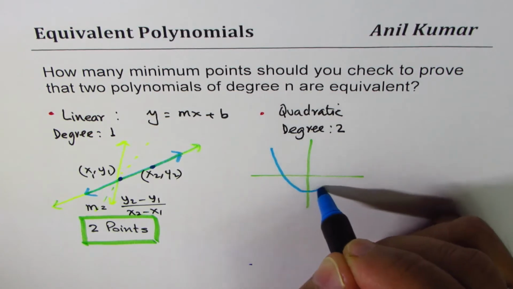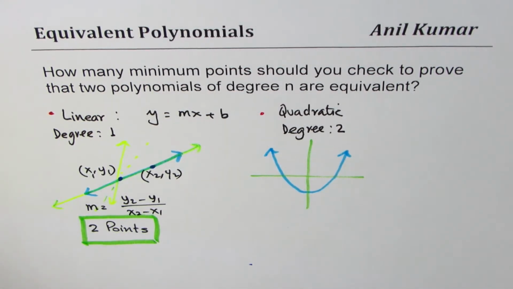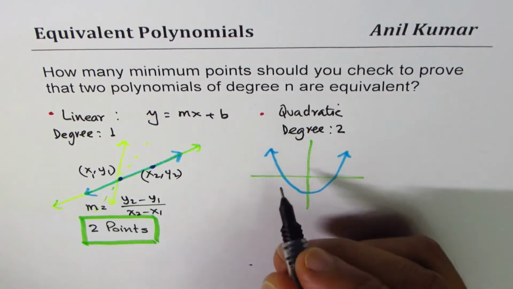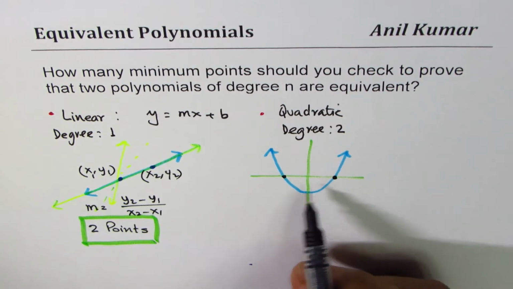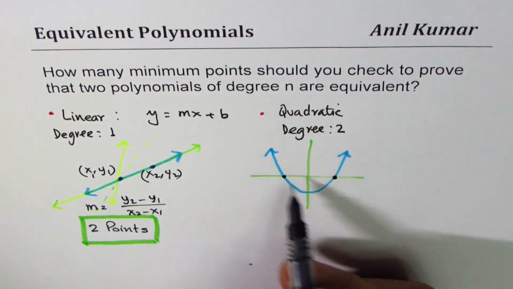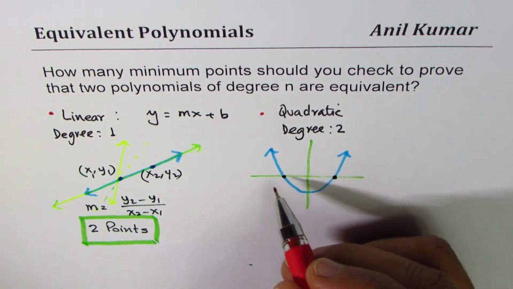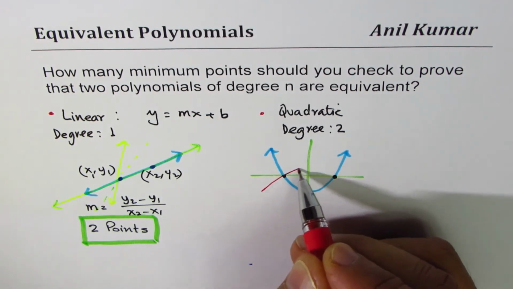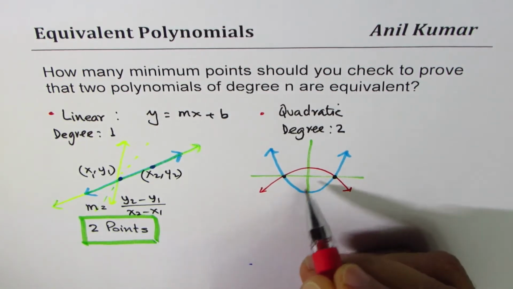Let's say we have a degree 2 function which results in a parabola. Now if we have 2 points common, in that case, do we have equivalent parabolas? No, we don't. We could draw many with these 2 points common, right? So they are not equivalent.